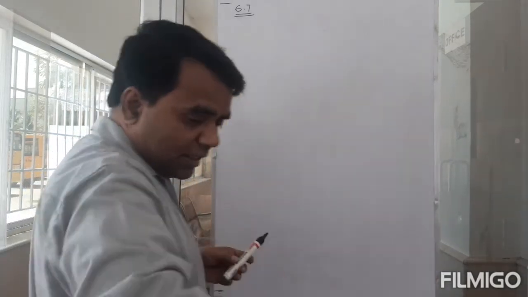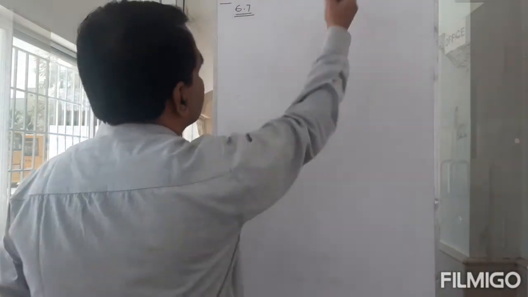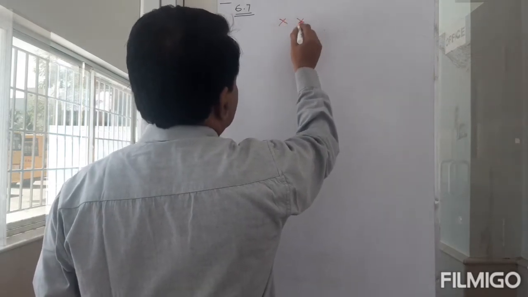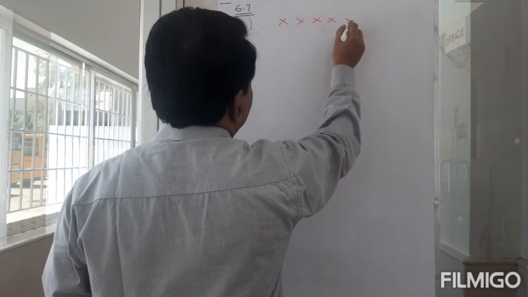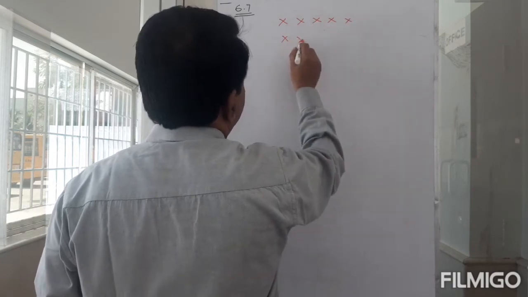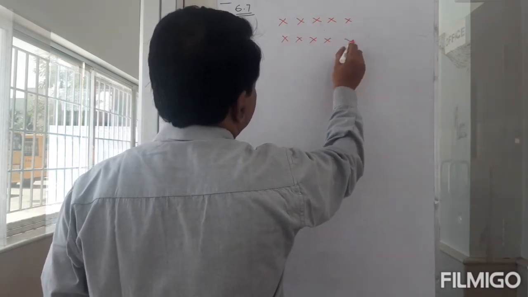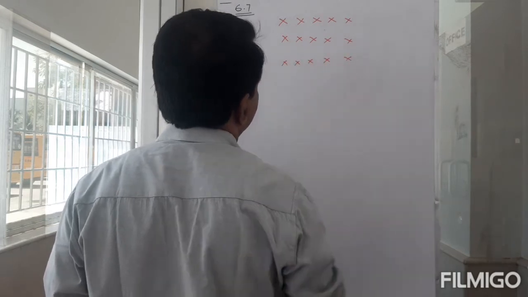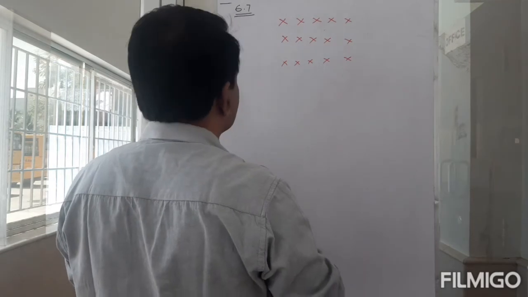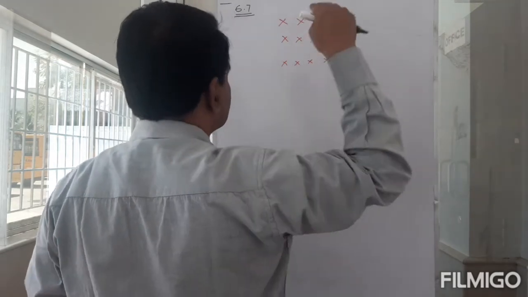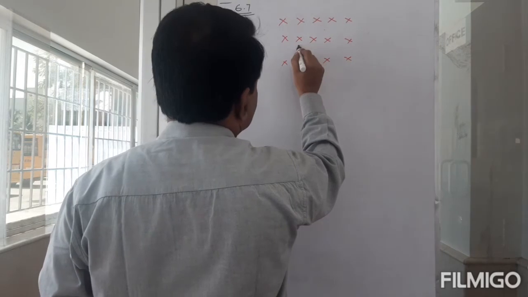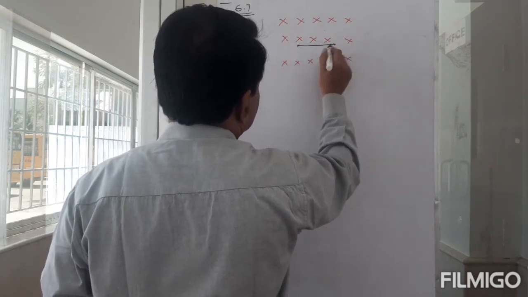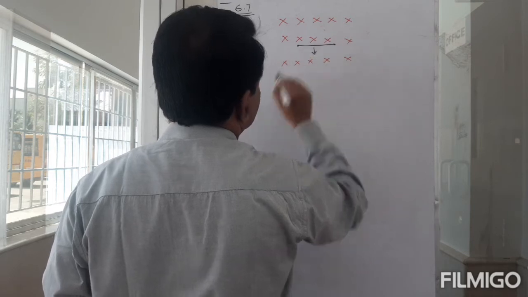So let's suppose that the flux is like this, going into the board. And the flux is in this direction, so the rod or the wire is falling like this.